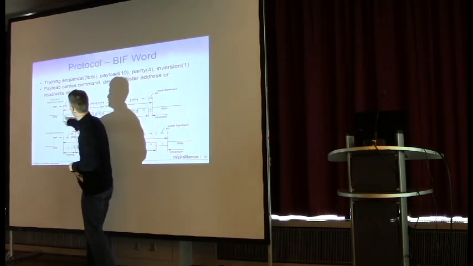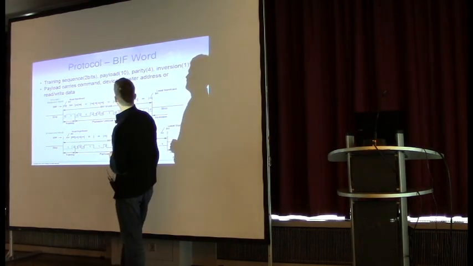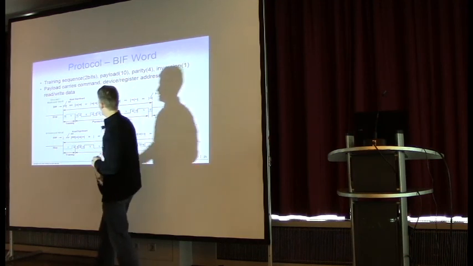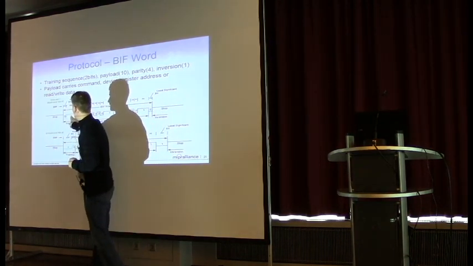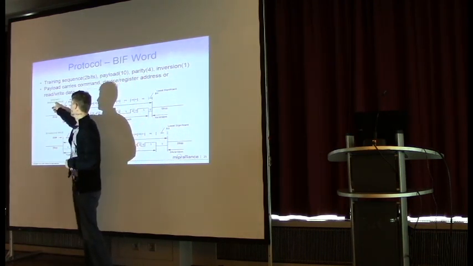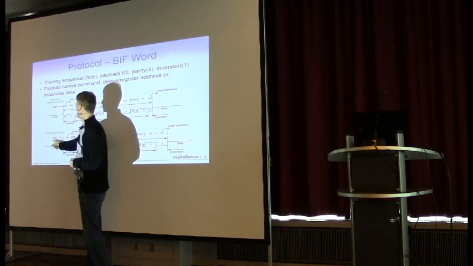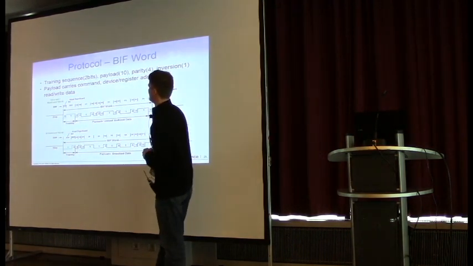So there will be a turn down, up, and then down again. The training can be either 0, 1 or 1, 0, and it means whether we are sending a unicast, multicast word or broadcast word. So that defines that.